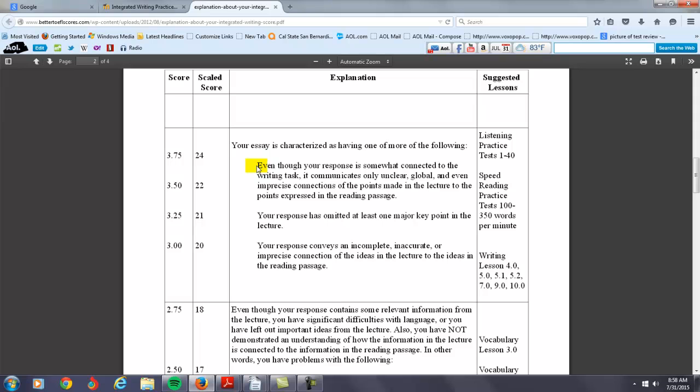Your response has omitted at least one major key point in the lecture. No. You included, I think, all the main points in the lecture, so I did not score you in this area because of that. Your response conveys an incomplete, inaccurate, or imprecise connection of the ideas in the lecture to the ideas in the reading passage.